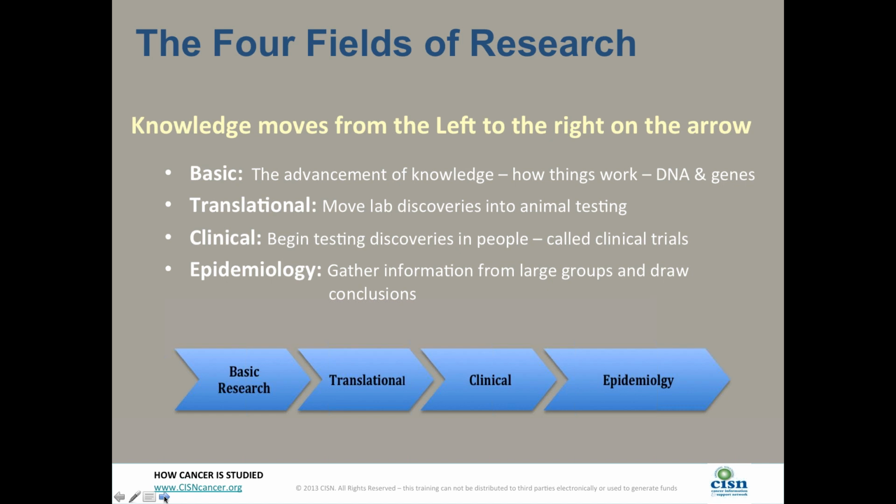If it passes that mouse test, if it gets through the translational area, then it moves into the clinic. And that really is where we become involved as NCTG advocates. A lot of us are involved in other stages as well with other hats on, but we're involved as it gets into the clinical trial protocol development stage.